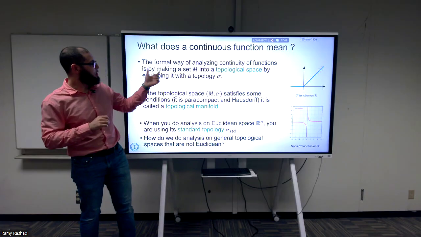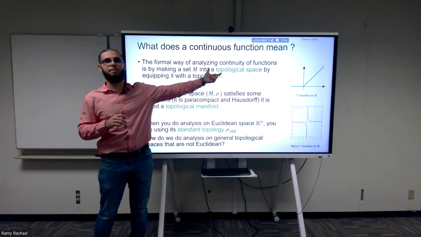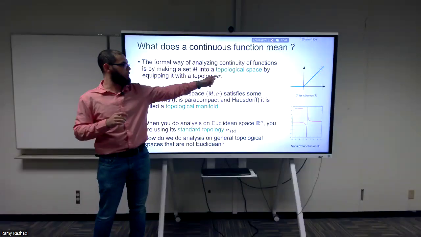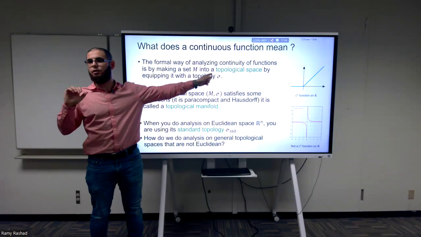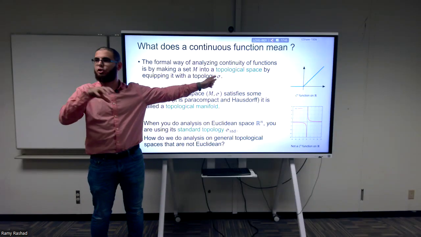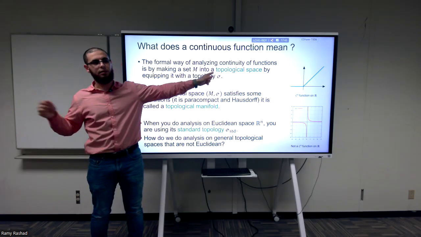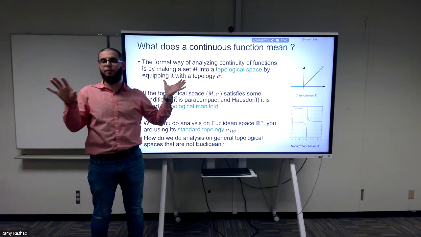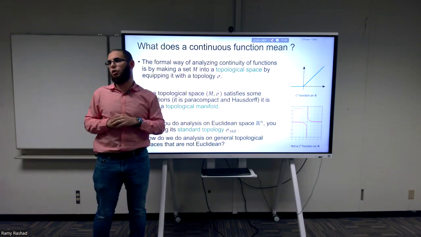So you can make a set into a topological space, where the topology is itself a set. This extra structure that we're giving the set is another set that we call the topology. And if we have a topological space, we can then talk about continuity of functions.